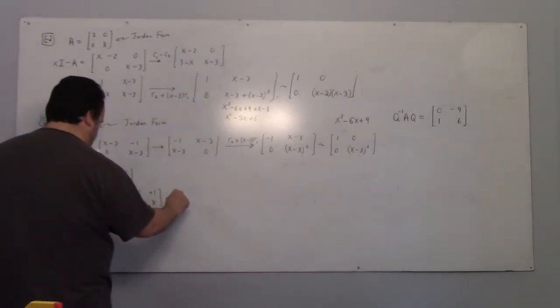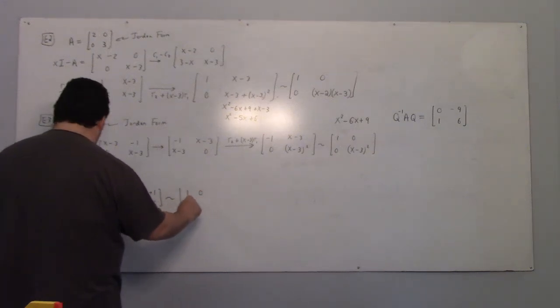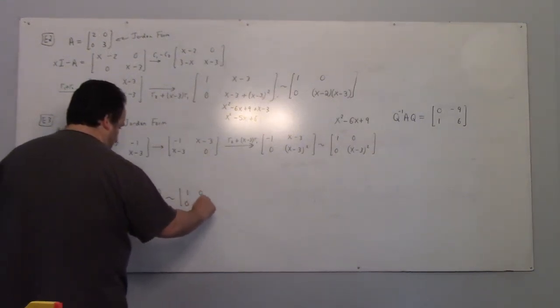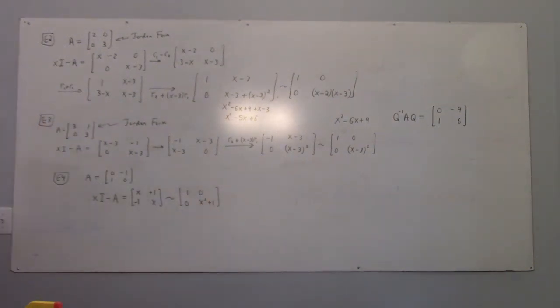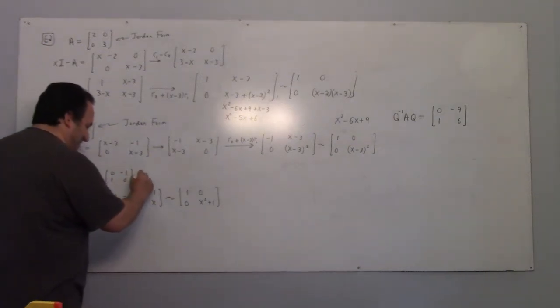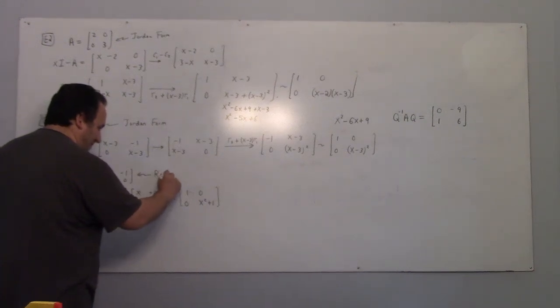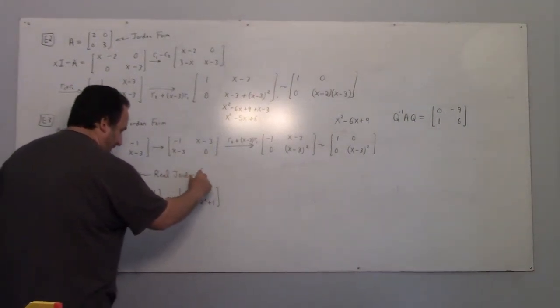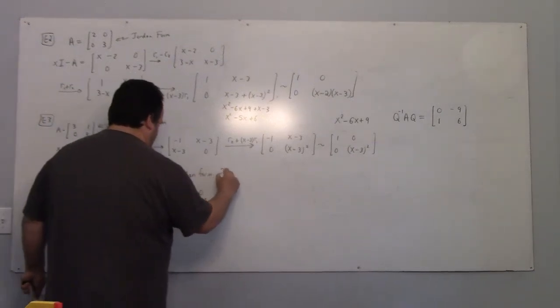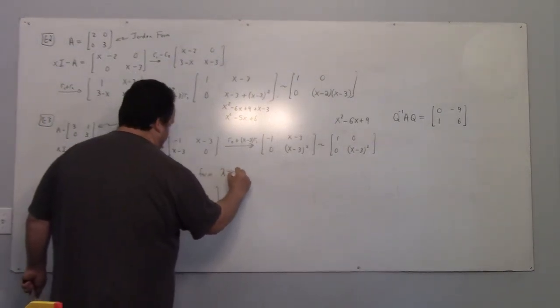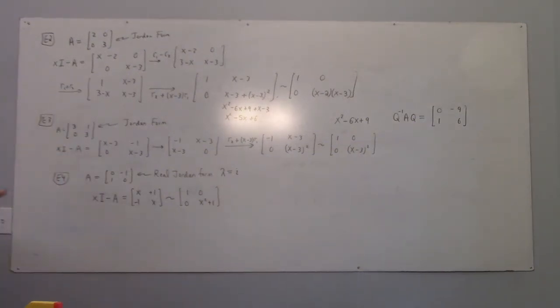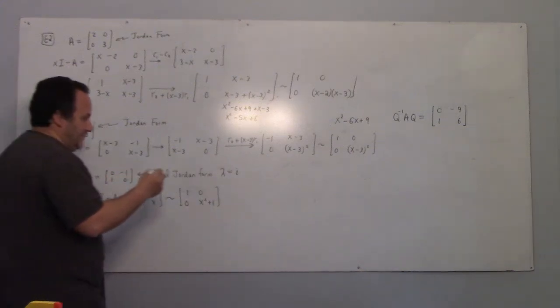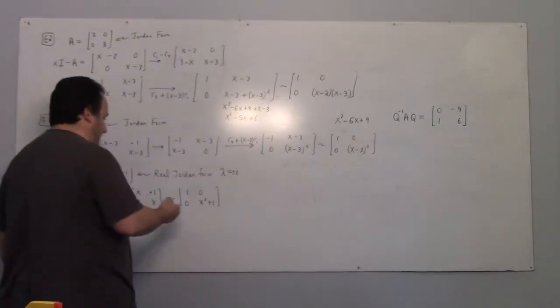And that is in fact equivalent to 1, 0, 0, x squared plus 1. This is actually already the real Jordan form, for eigenvalue i. Or you could say plus or minus i if you want.